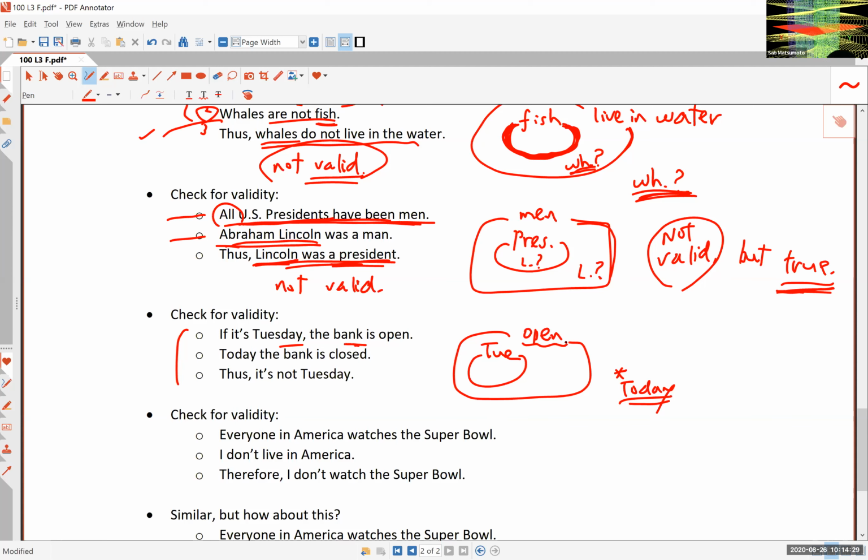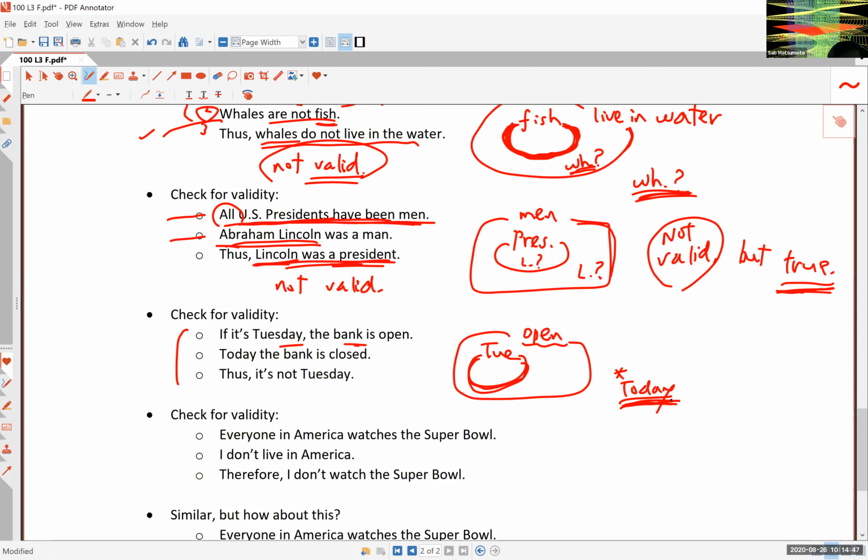What is this saying? This is saying the day called today belongs to the outside of the outer circle. There is no way, therefore, that today is inside of the inner circle, because Tuesday is one of the days when the banks are open.